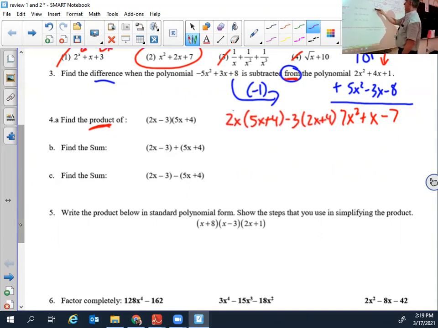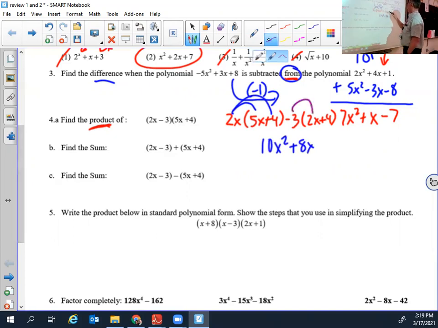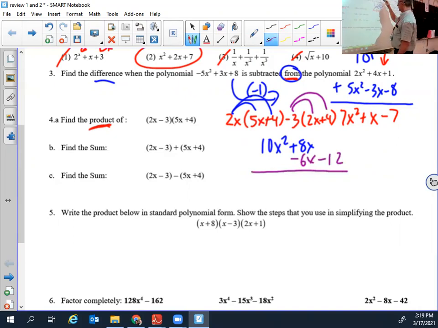And I'm going to distribute in. I get 10x squared plus 8x minus 6x minus 12. Notice I did it in the offset method, so I got my x's on top of my x's.